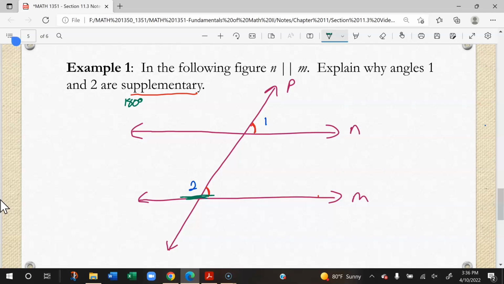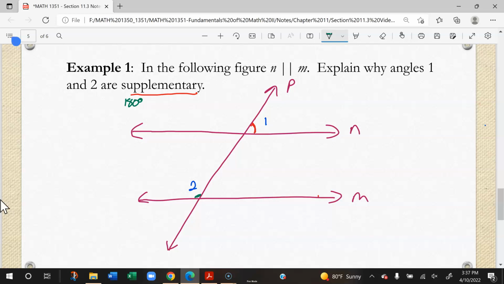Well, this is a straight line. Here's one angle, here's two angles. So basically, if I think about this, right here, angle 2 and this angle over here, so this angle and this angle are supplementary to each other. So what I need to do is I need to say that this angle and angle 1 are congruent.